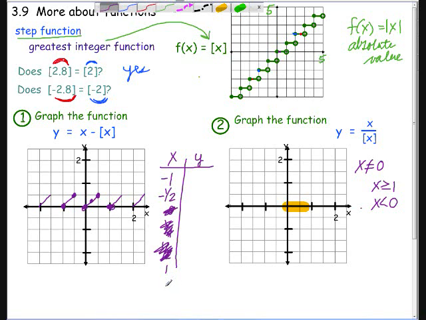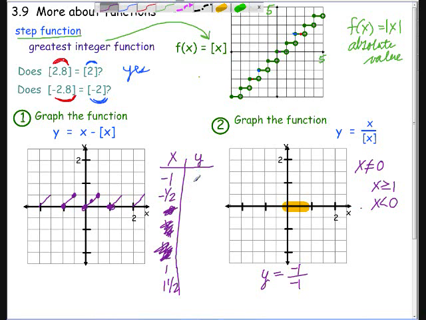So maybe I'll go to 1 and 1/2 to get a few more points in here. When y, let's see, what will y be when x is equal to negative 1? We'll have negative 1 in the numerator, and when x is negative 1, y is also negative 1 for a step function, right?